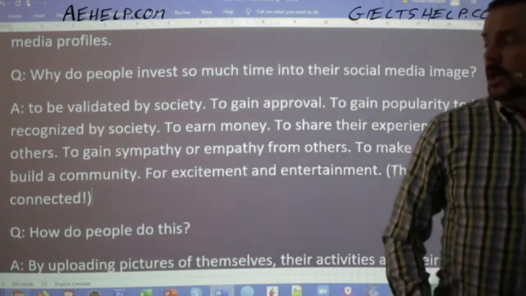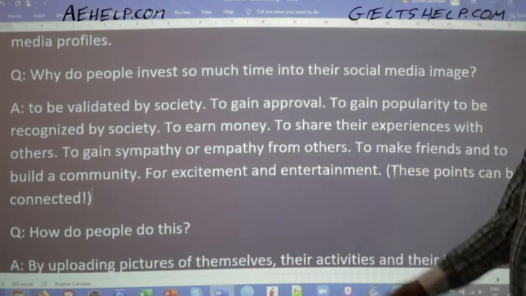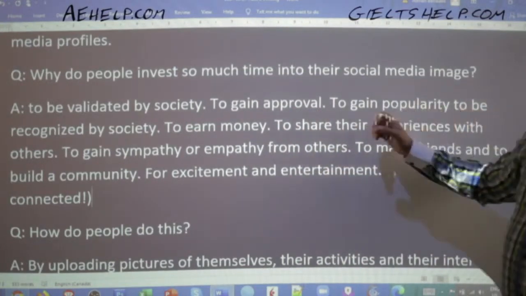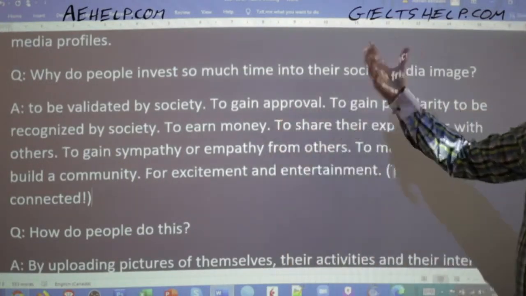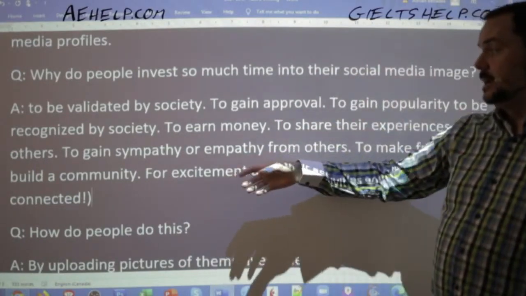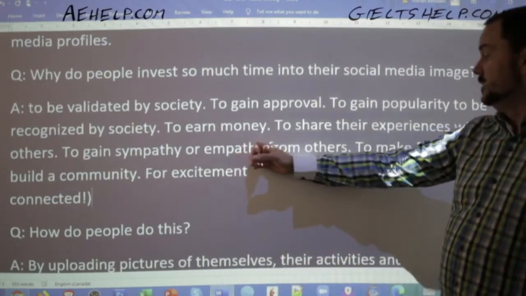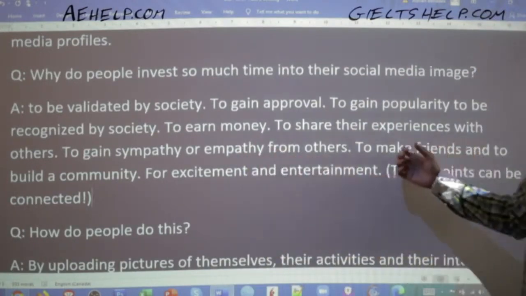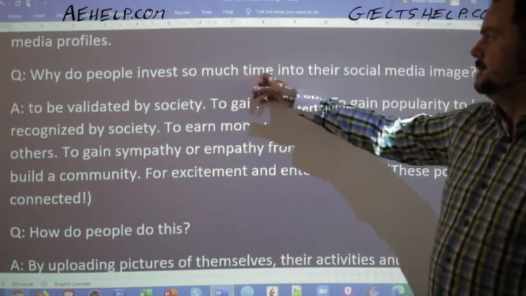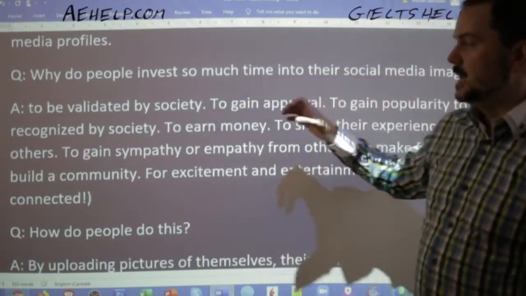Okay, so if I gain the approval of society and I get popular, and many people agree with what I feel or what I think, that can lead to being popular, and that can then lead to earning money and making lots of friends. So does everybody see that? Does everybody see why people invest so much time in their social media image?